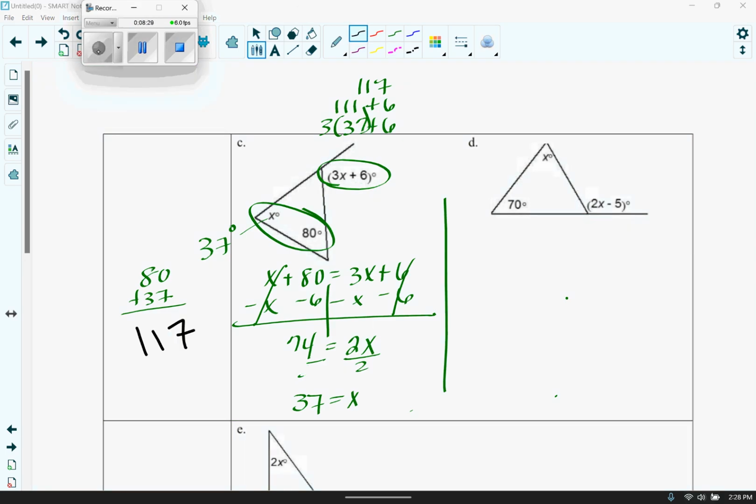All right, my pen is not working so great, so I'm going to continue this with just writing with my finger, basically. As we look at this next one, we're going to take the 2x minus 5 is going to equal the x plus 70.